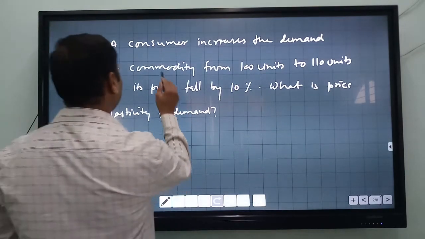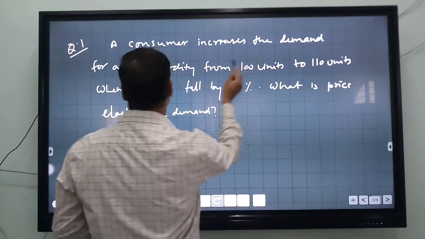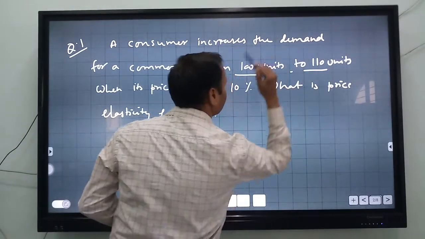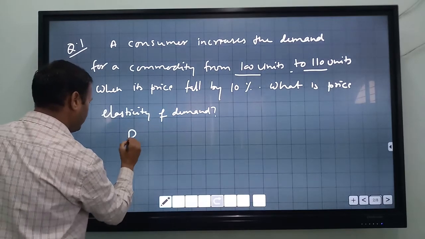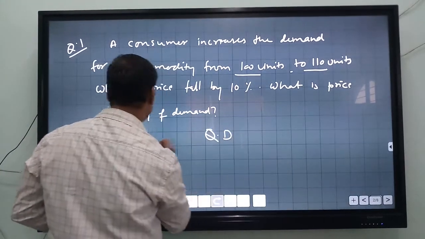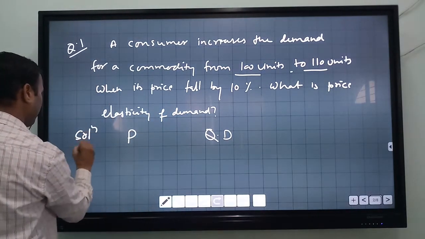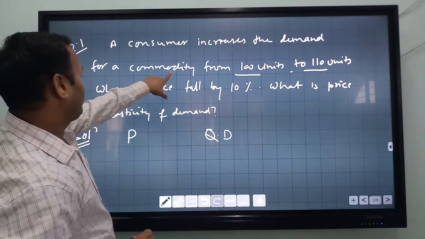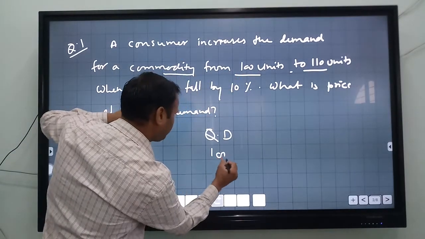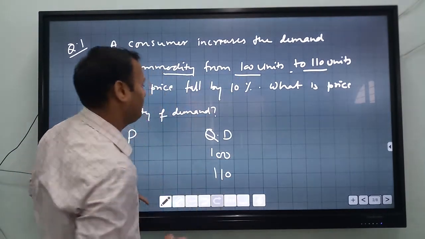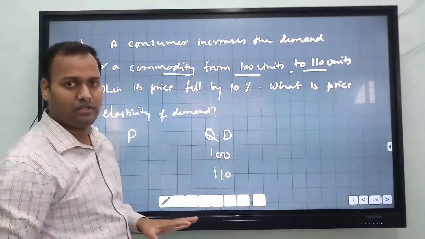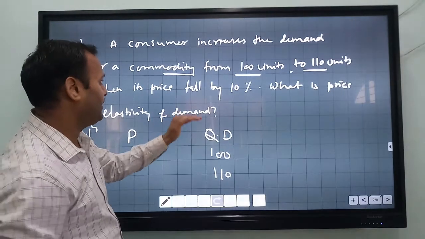So we write P and Q, quantity demanded, as the solution of this question. Demand of the commodity goes from 100 to 110 when its price falls by 10%.